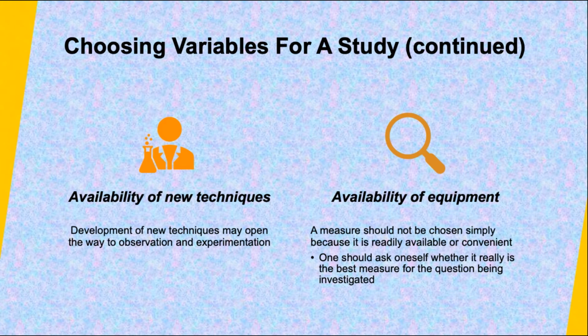But problems arise when the measure really is not appropriate or adequate for the question being investigated, but is chosen anyway on the basis of mere convenience. If you have chosen a particular measure simply because it is readily available or convenient, you should ask yourself whether it really is the best measure for your question or not.